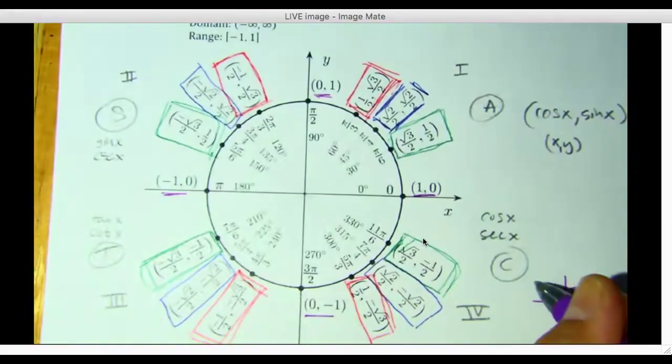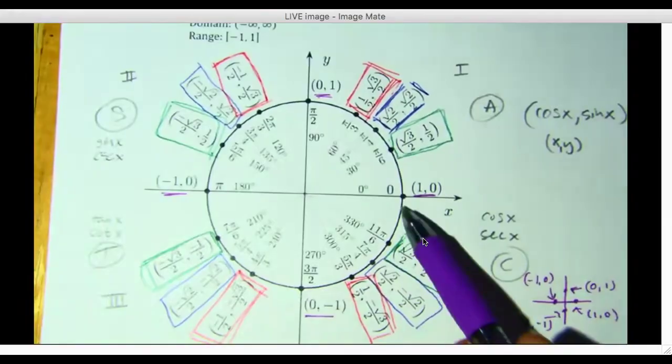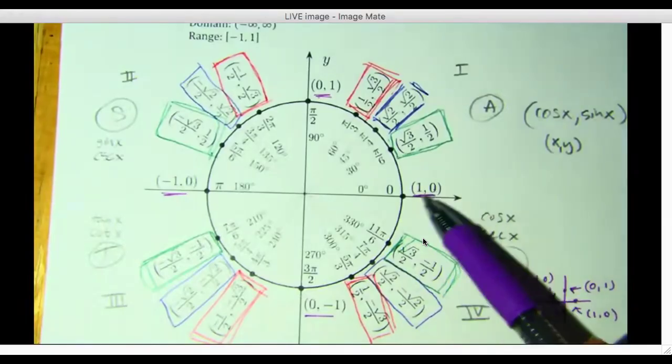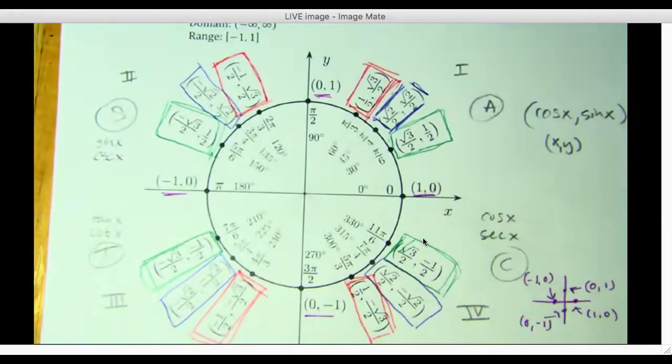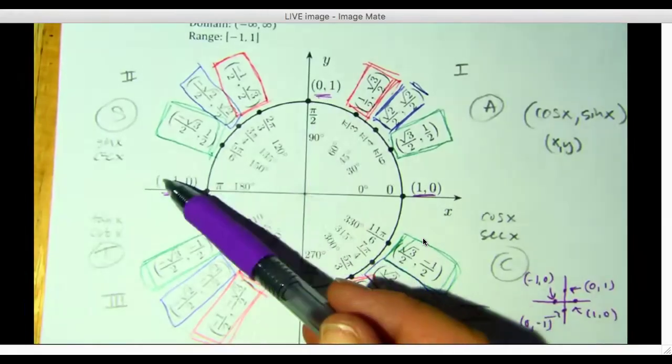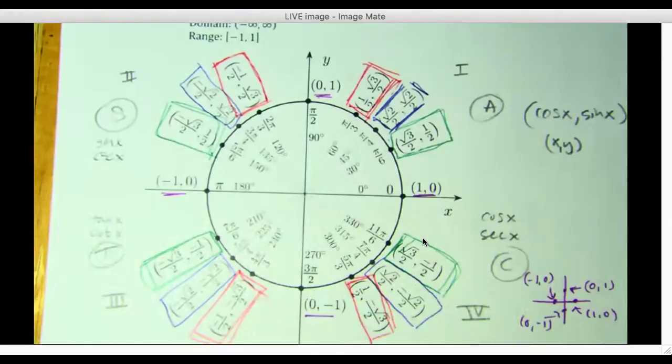This is the point -1, 0. And this is the point 0, -1. These are the cosine and sine values. So sine of 0 radians is 0. Cosine of 0 radians is equal to 1. Again, cosine and sine, cosine and sine.